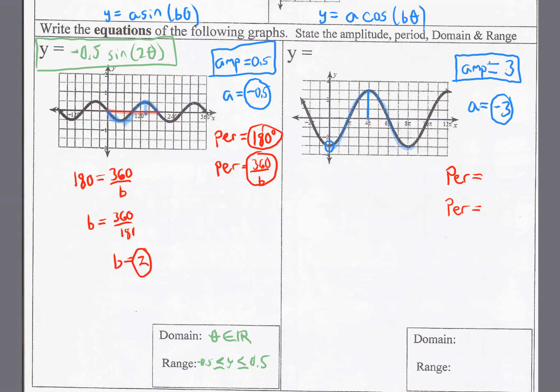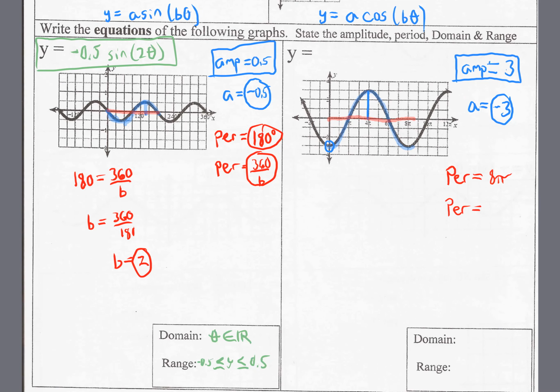Someone tell me, what's the horizontal distance I traveled for my period for one cycle? 8 pi. 8 pi, very good. So 8 pi is the horizontal distance traveled for one cycle. And so the period equals 8 pi because that's in radians. There's no degree symbol. Another way to write my period is 2 pi over b.